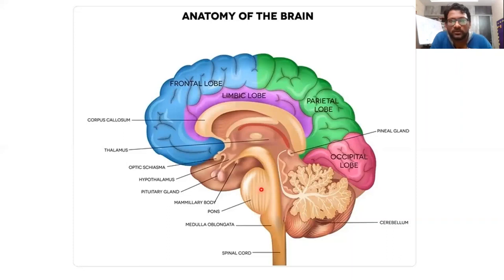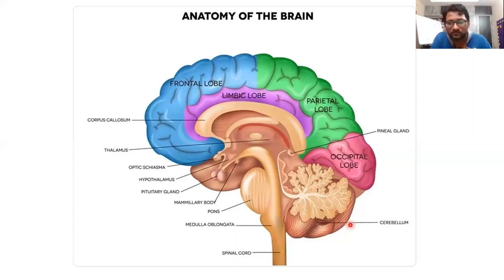It helps in coordinating movements and is even involved in sleep and arousal. So the pons maintains coordinated movements, such as eye, hand, and leg coordination. But who brings the balance?